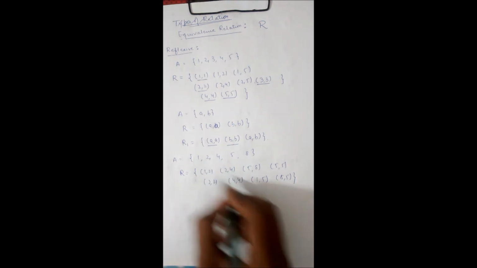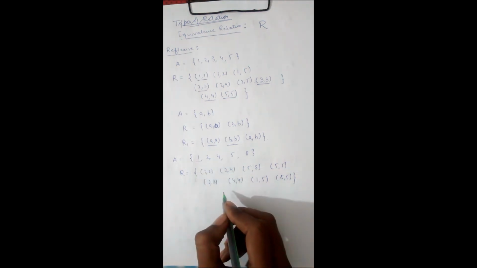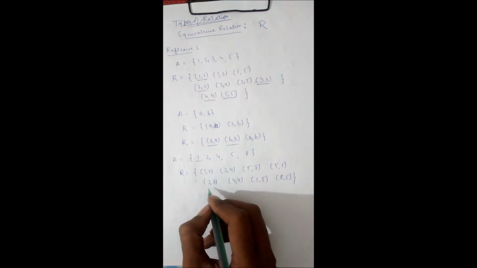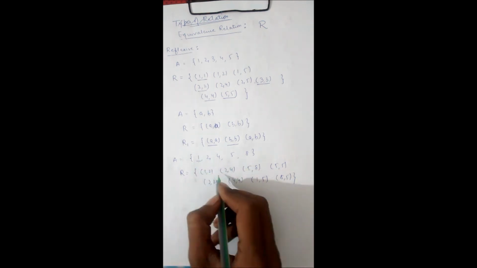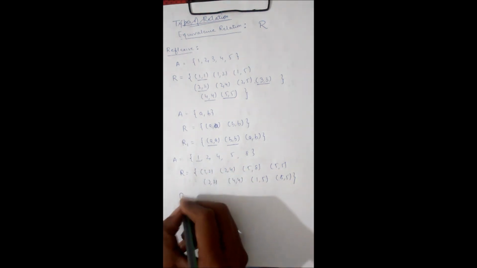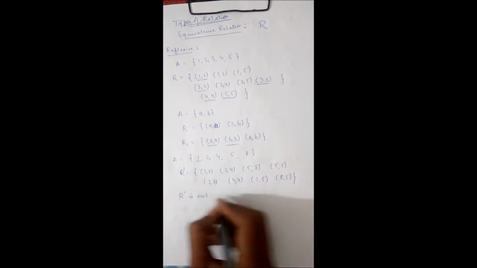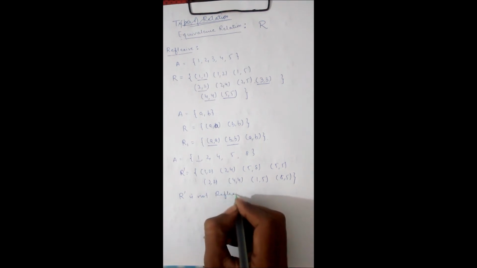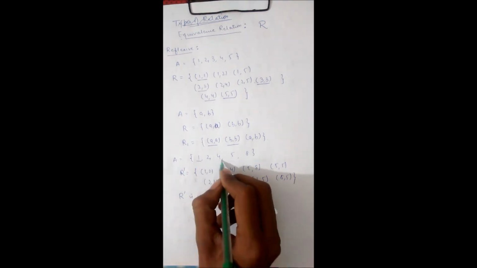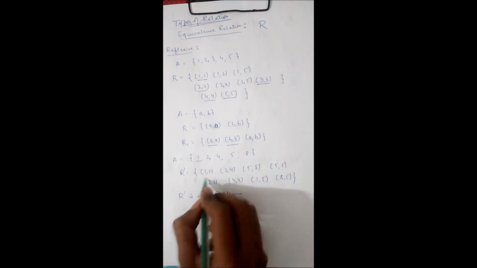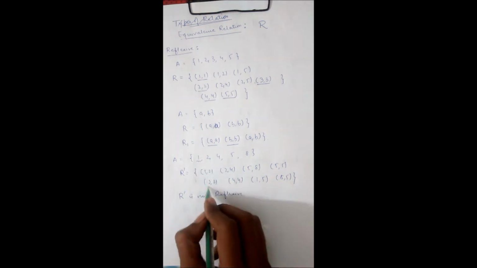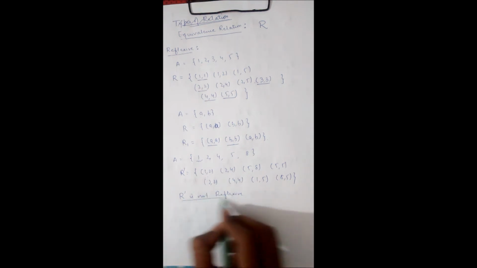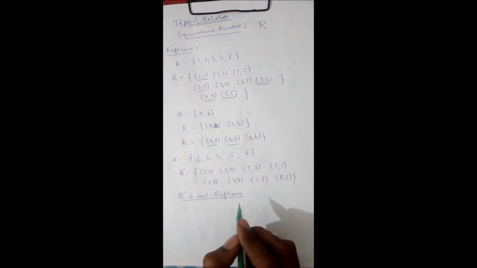We will be looking for the regular pair (1,1). (1,1) is not visible. So simply by watching that (1,1) is not there in this relation, I can say that R' is not reflexive. It means corresponding to all the elements of A, the regular pairs should be in R'. (1,1) should be there, but it is not there, therefore this is not reflexive. Clear?